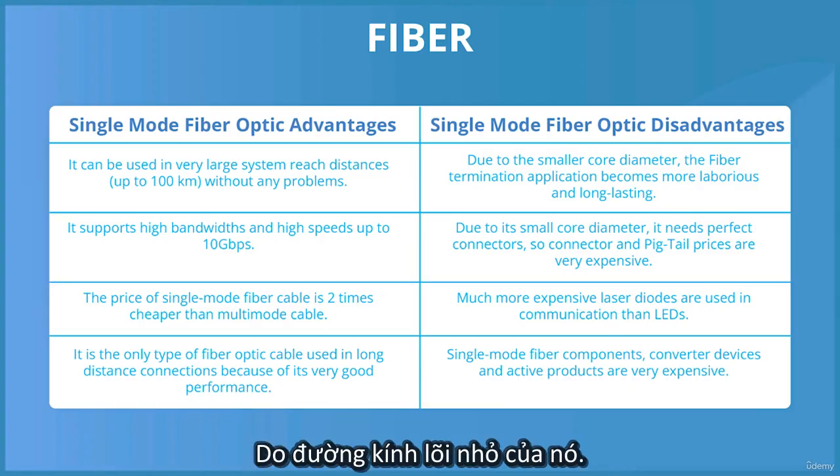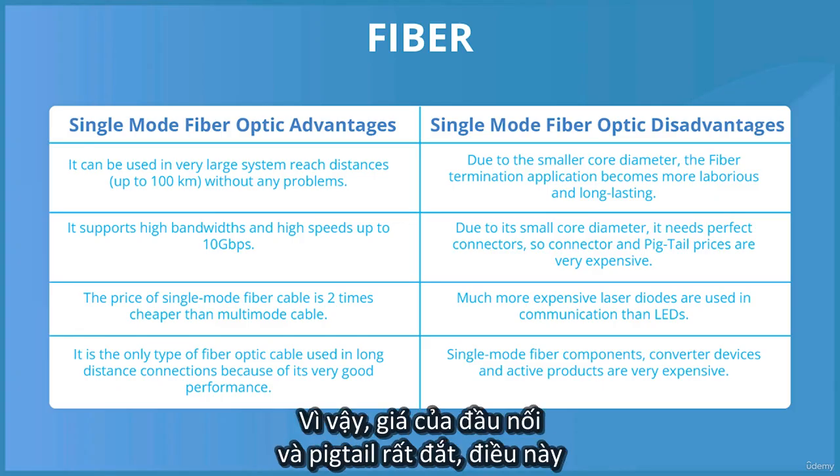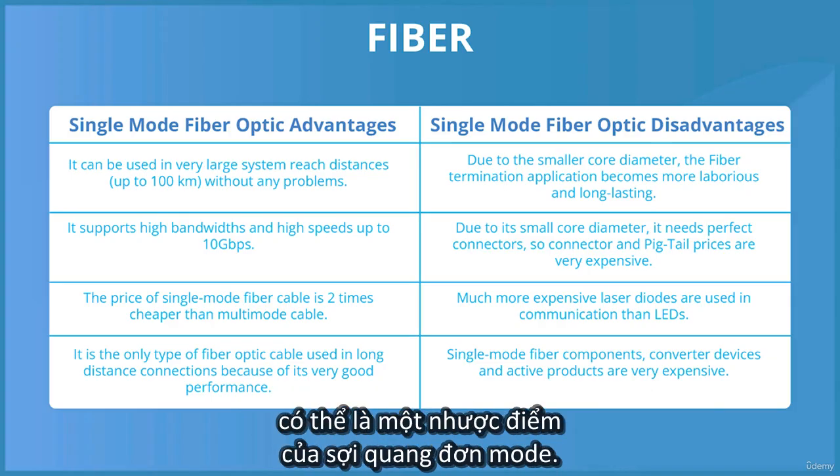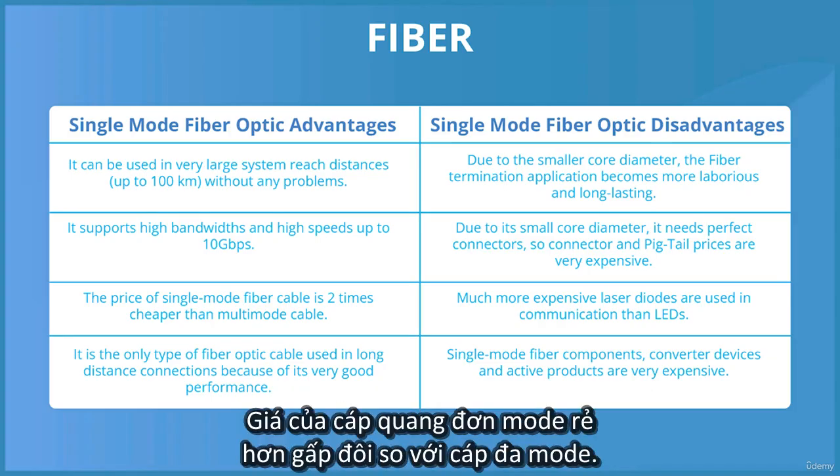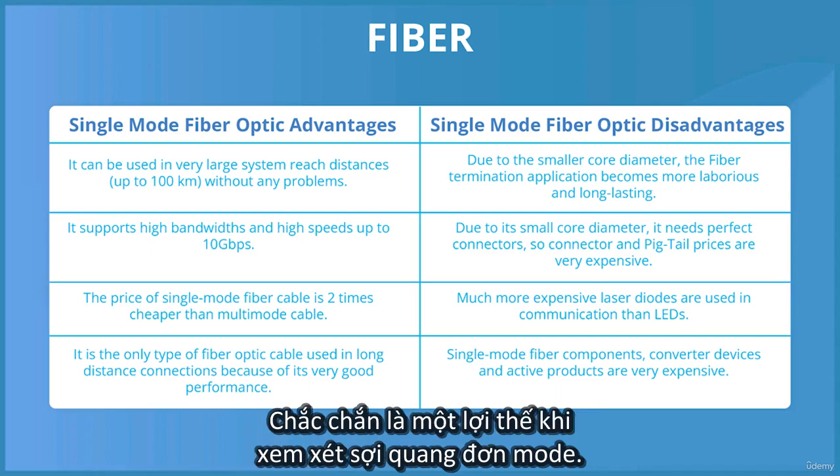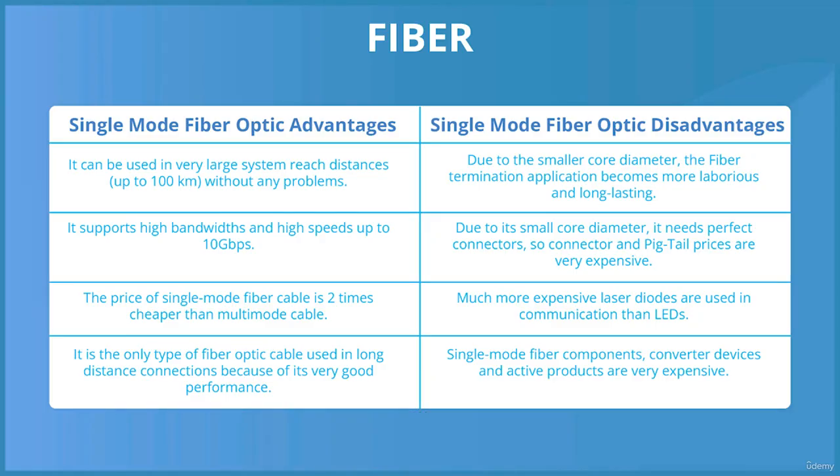Due to its small core diameter, it needs perfect connectors, so connector and pigtail prices are very expensive, which could be a disadvantage of single-mode fiber optics. The price of single-mode fiber cable is two times cheaper than multimode cable, definitely an advantage when considering single-mode fiber optics.